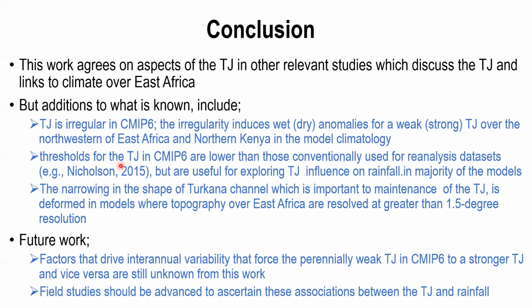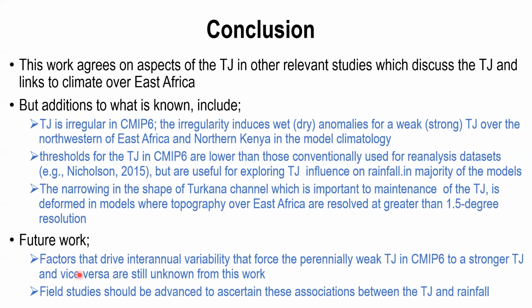We have these thresholds for the TJ, which are a bit lower than those conventionally used in the analysis using reanalysis data sets. However, narrowing in the Turkana channel is an aspect that is important to maintain the TJ, which is deformed by resolving topography at this kind of resolutions.